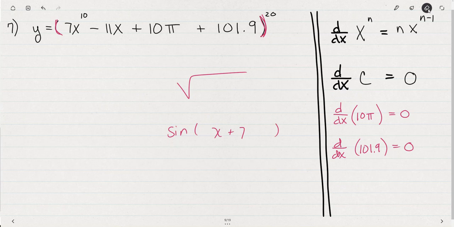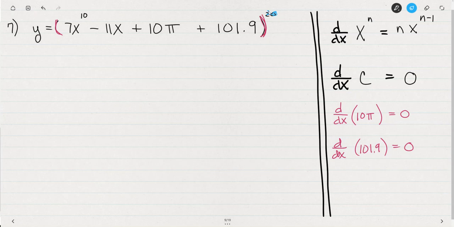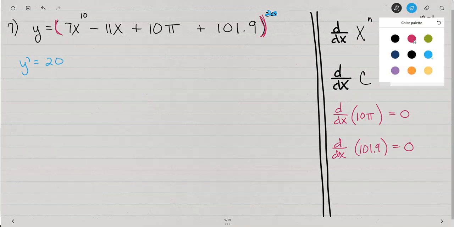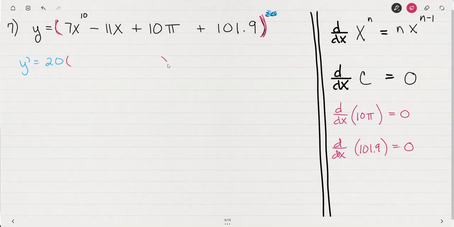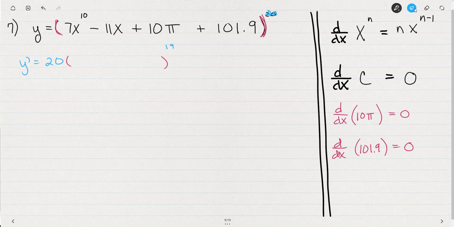Whenever we see something in parentheses, we want to think grouping, and we want to think, oh, I'm going to have to chain this. This first step is to take the exponent, this 20, say that y prime is 20 times this whole thing to the 20 minus 1, or 19th power.